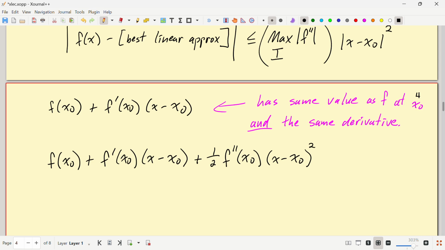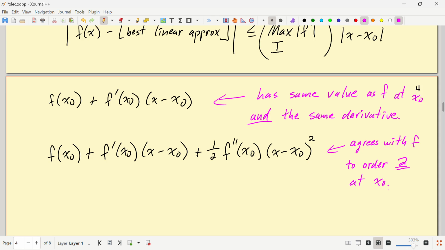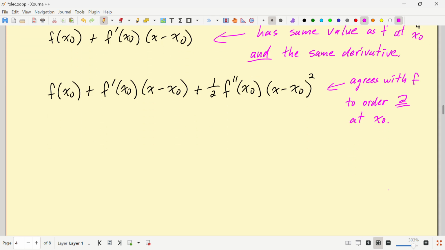And when you calculate the second derivative of that and stick in x equals x naught, you get f double prime of x naught. So this agrees to order 2, etc. And Taylor realized I could do this indefinitely. This agrees with f to order 2 at x naught. And the etc. is Taylor's theorem.